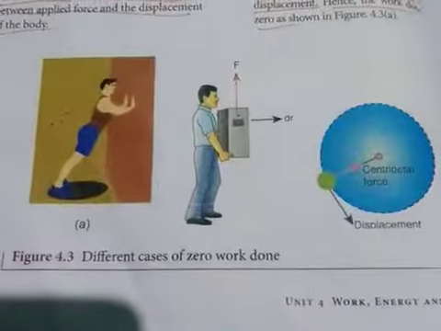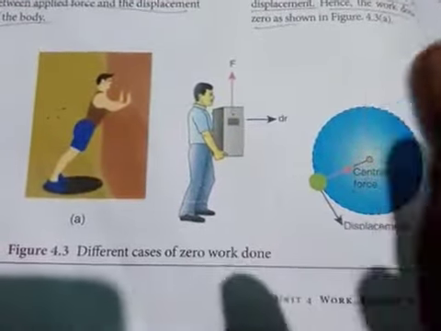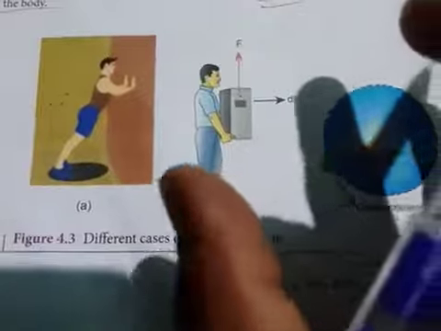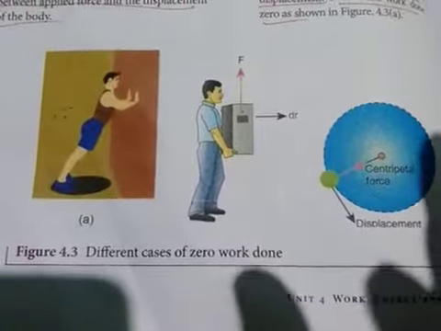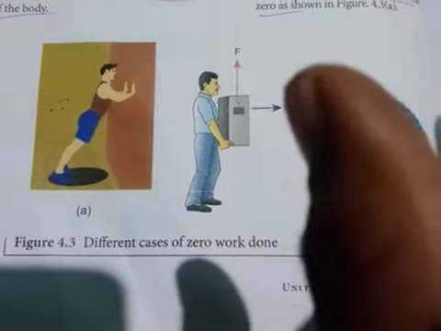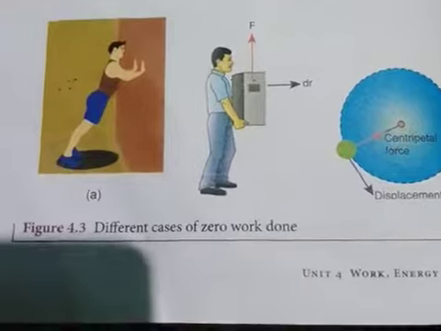On that type of surface, that object will get displaced and move some distance. But the force applied on the object is 0. So the force applied on the object is 0 means we know that surely the work done will be 0. That is the first case.